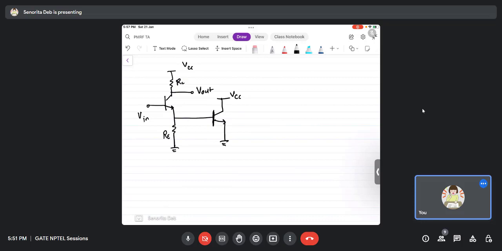So you have to use the input impedance of the second transistor. Any ideas, anyone? No? Okay.